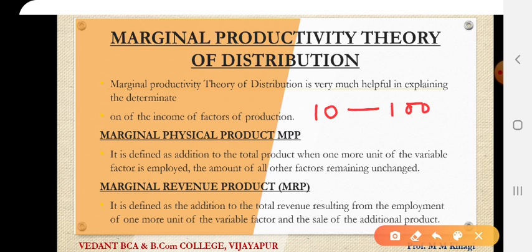Just imagine, we have said that the marginal productivity theory of distribution is nothing but the addition made to the total product by employing one more unit of the factor of production, keeping other factors constant.